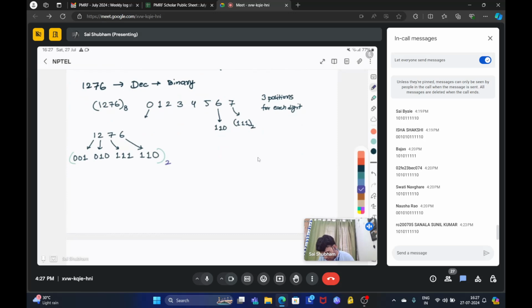So what we can do is that if you have to convert any number, suppose 12768 to hexadecimal. Okay. So since it was octal, you took 3 positions, right? If it is hexadecimal, you will have to take 4 positions.